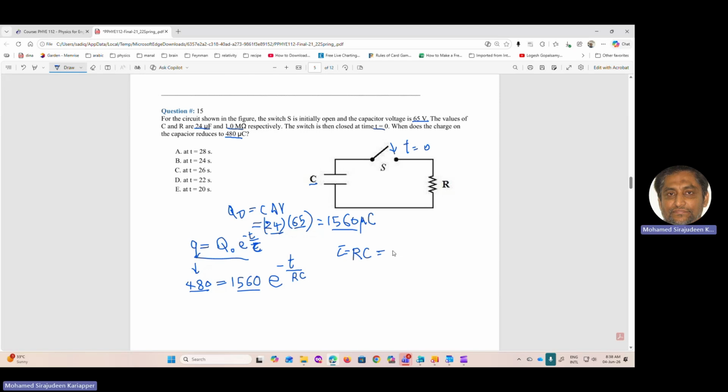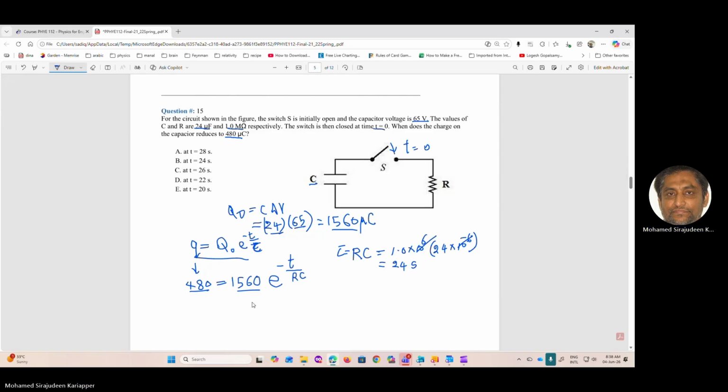R is 1 mega ohm. Mega ohm is 10 to the power plus 6 and C is 24 microfarad, that will be 10 to the power minus 6. Micro is 10 to the minus 6, mega is 10 to the power 6. When you multiply 10 to the power plus 6 with 10 to the power minus 6, 6 minus 6 is 0, and 10 to the power 0 is 1. So we simply have to multiply them, and it will give you the answer as 24 seconds.